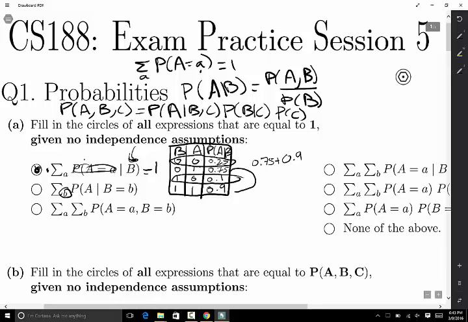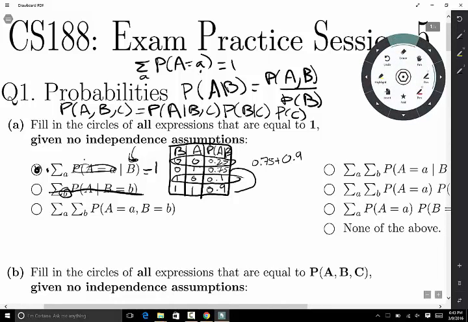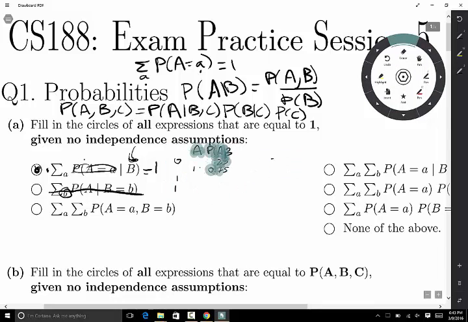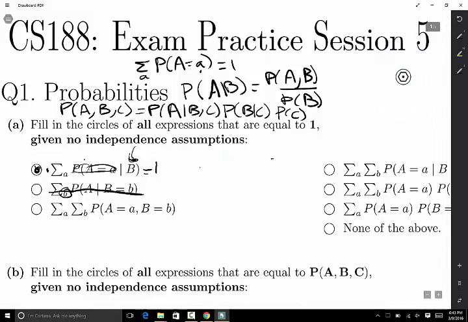This is a number greater than 1, so it definitely can't be a probability, and it definitely isn't 1, so not this option. Okay, what about the next one?